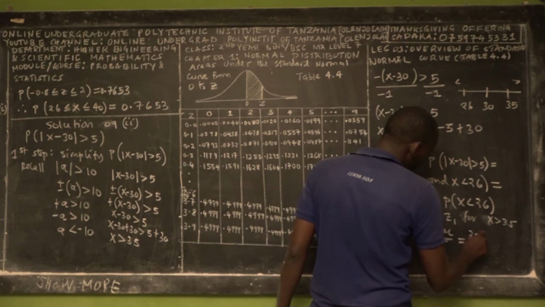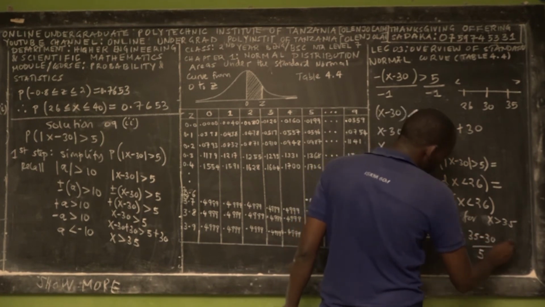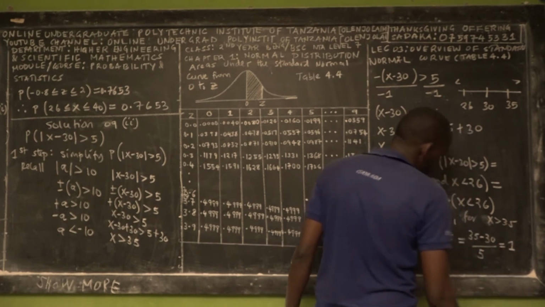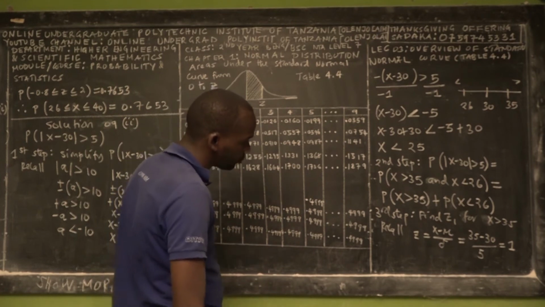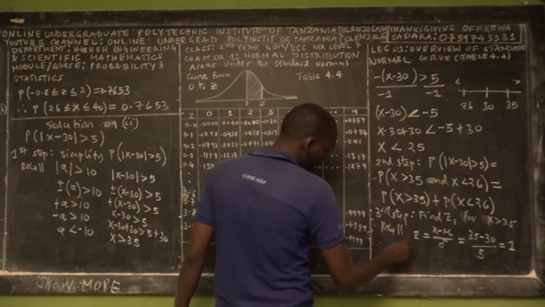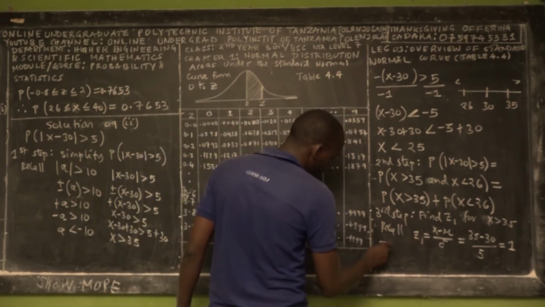So the value of x is 35 minus 30, and the standard deviation is 5. This makes 1, because 35 minus 30 is 5, and 5 over 5 is 1. So that is Z1.